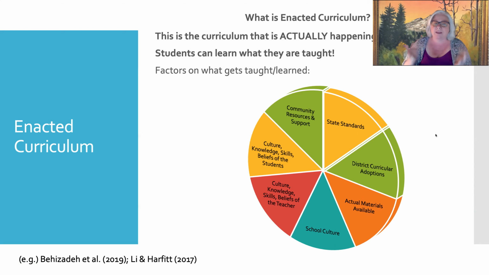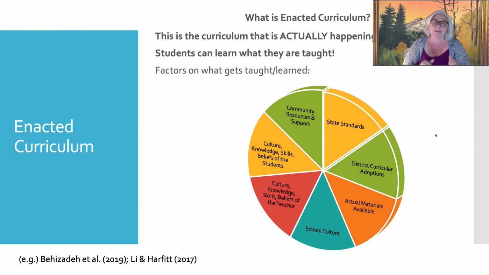So that was that school. There were two different cultures in the same school because of different leadership. Whose voices matter the most, right? Are teachers listened to, are students listened to? All of these aspects of school culture can really play a role in the actual enacted curriculum.